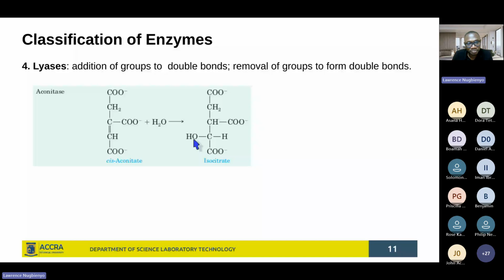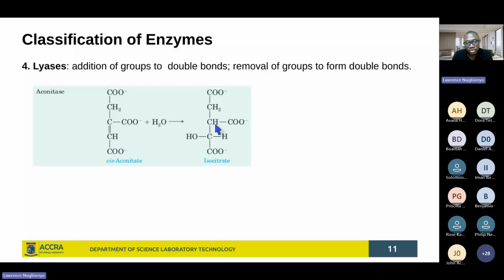And you also see that the second carbon with a double bond that has COO minus on it in cis-aconitate, that carbon is now having hydrogen on it. So you see the water molecule is broken down.